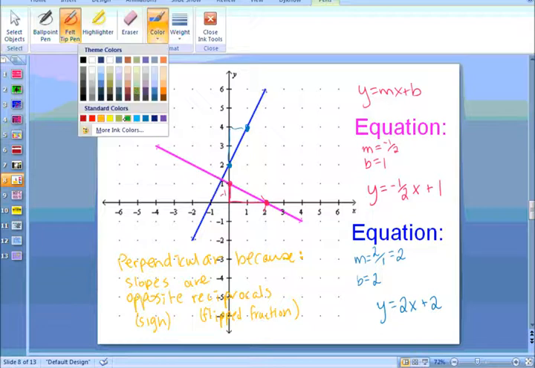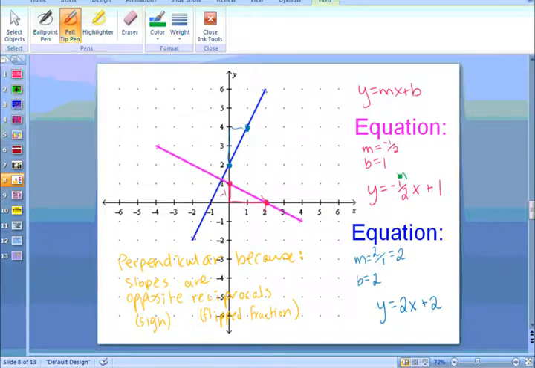So when we're looking at the slopes, I have negative 1/2 and 2. To be an opposite reciprocal, I have to have the opposite sign. So here I have a negative, here it's positive. And reciprocal means it's a flipped fraction. So if I flip 1/2, I have 2. So that's my way of proving that these are perpendicular.